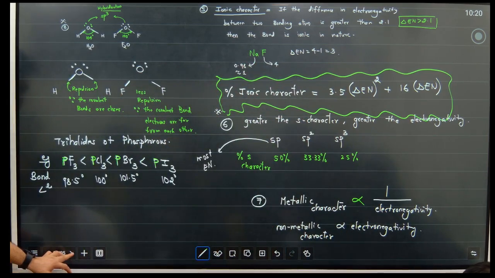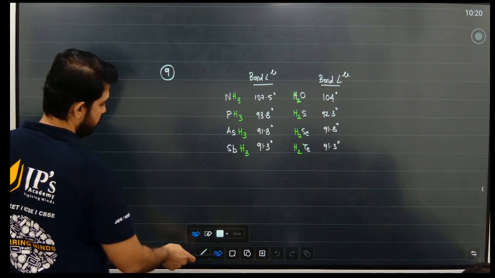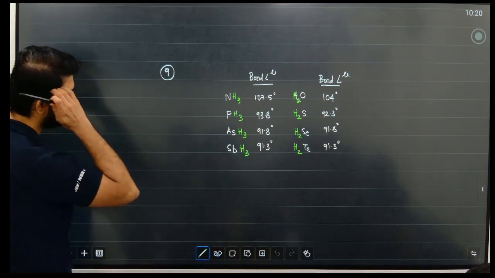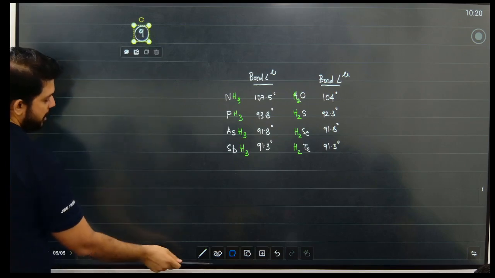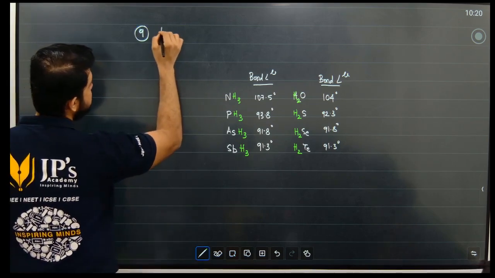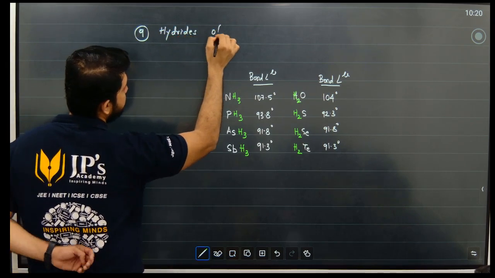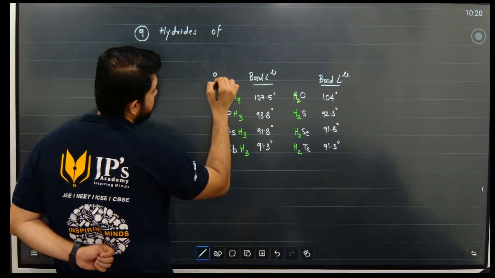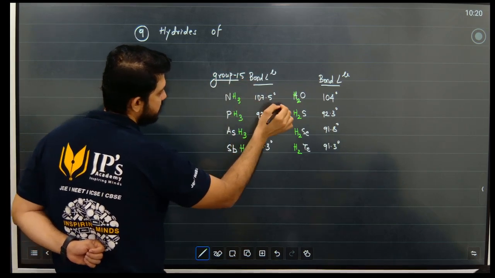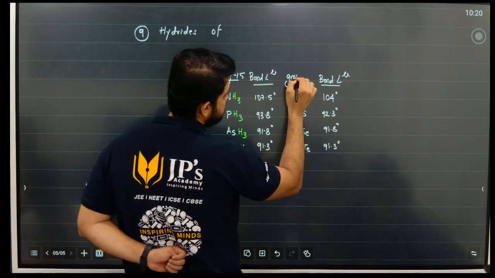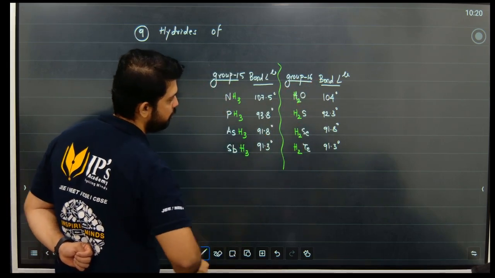Now similarly, what I've written on the board are hydrides. We call these compounds with hydrogen. These are the hydrides of group 15 elements, and here we have group 16 elements. I repeat, I have hydrides of group 15 and group 16 elements.